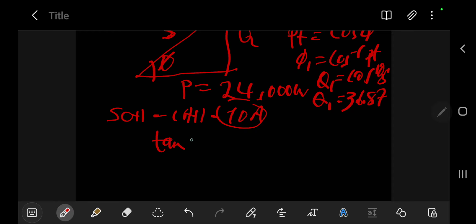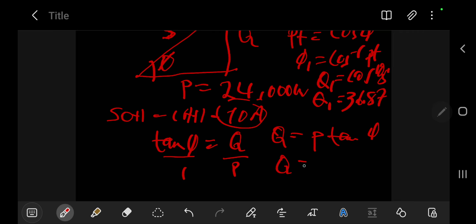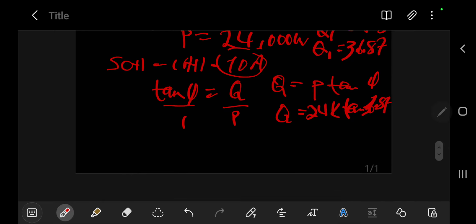So tan phi is equal to the opposite, Q, over the real power P. So Q is 24K tan 36.87.